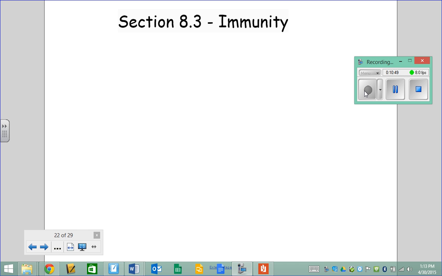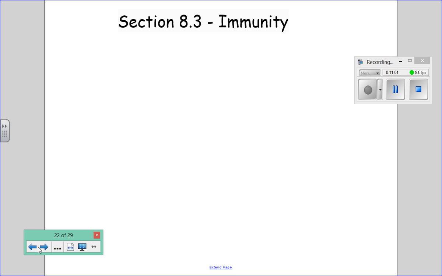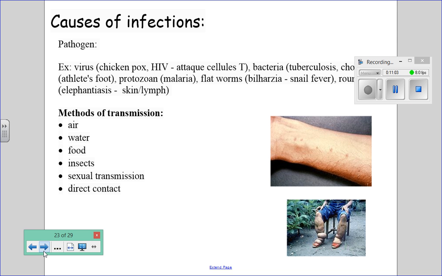Today we're going to talk mostly about white blood cells and about how your body defends itself against infection, against foreign particles. So this is the last section. The first thing that we'll talk about are some reasons that you would get an infection.